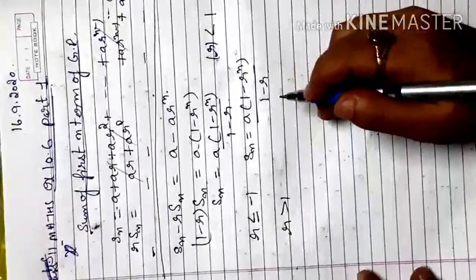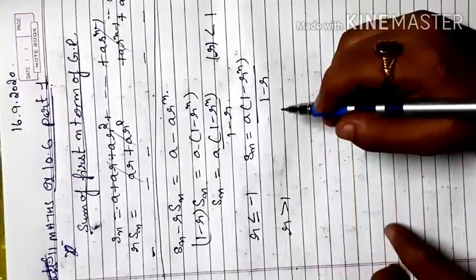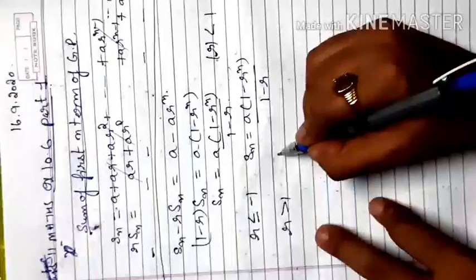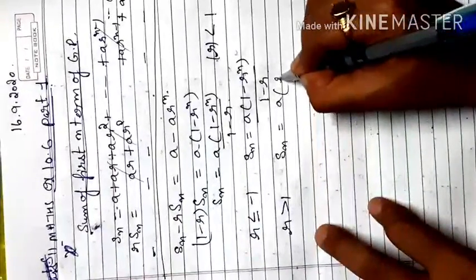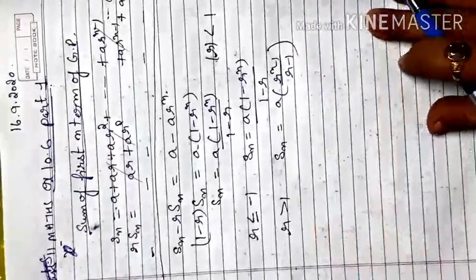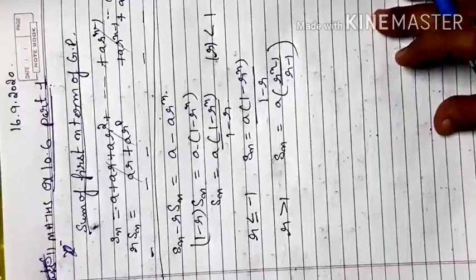So don't get confused, because exactly 1 is a different condition. In that case the sum of n terms formula you can use is a(r^n minus 1) by (r minus 1). So according to the ratio you have to use a different sum of n terms formula.